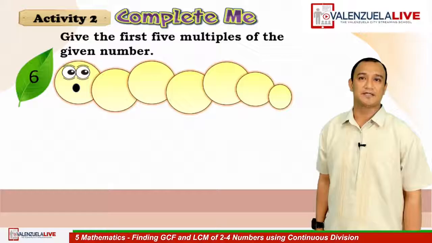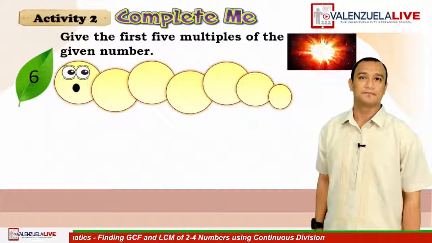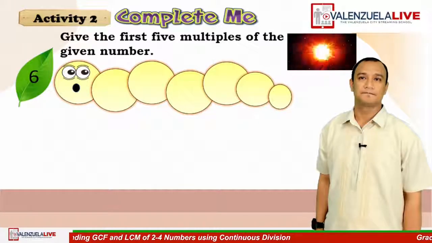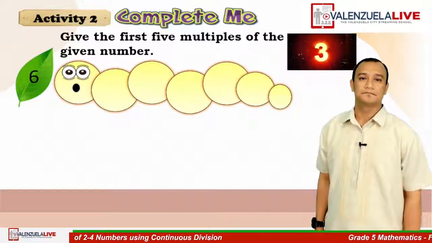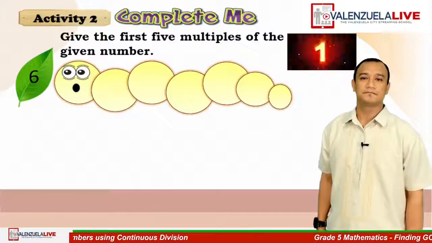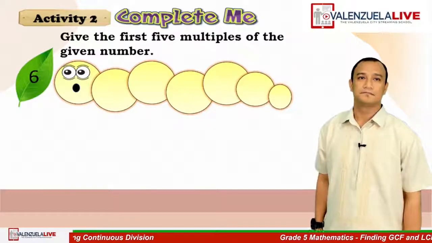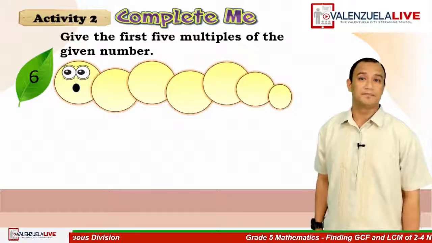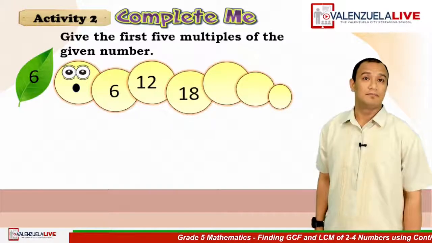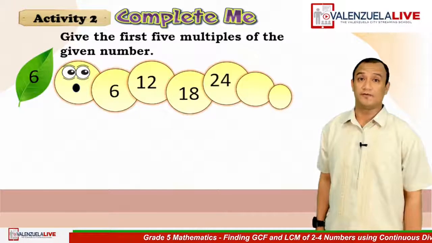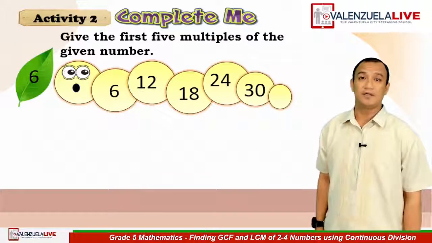Timer starts now. Okay, time's up. If you got 6, 12, 18, 24, and 30, you got it right.